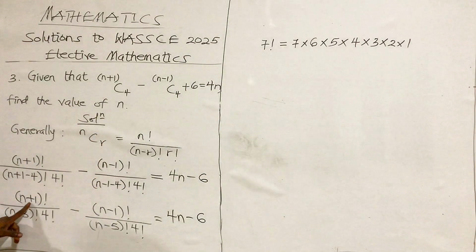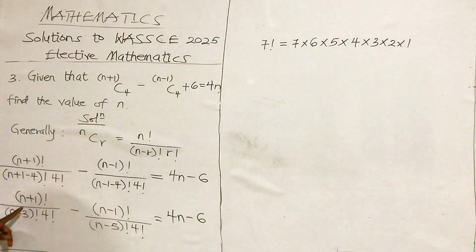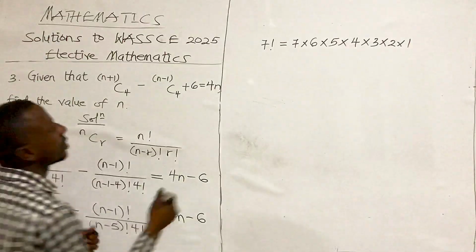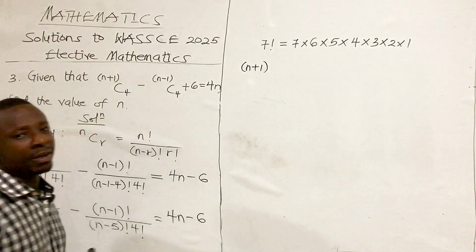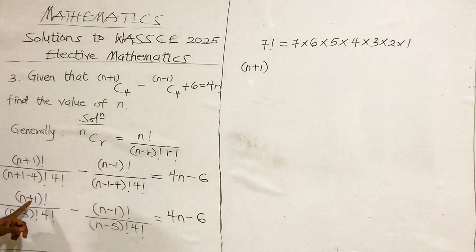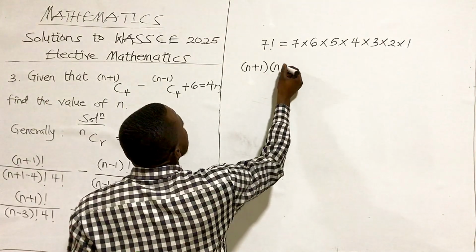So over here, if I want n plus 1 factorial, then first of all, I will start from n plus 1. Then difference 1 in that order. So here, I will start from n plus 1. This will be my first term. Then n plus 1 minus 1, I'll get n.